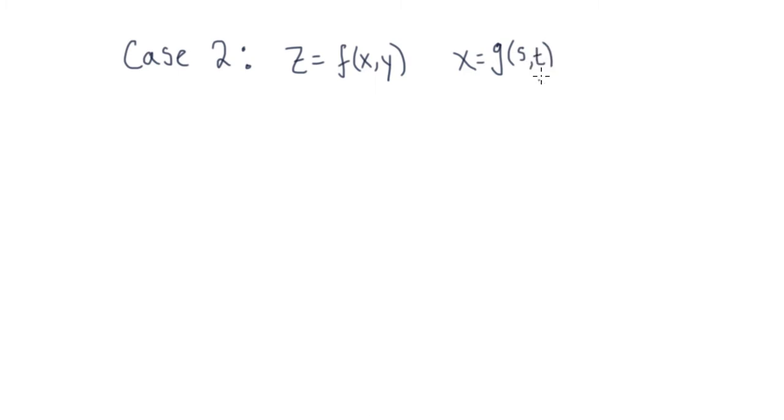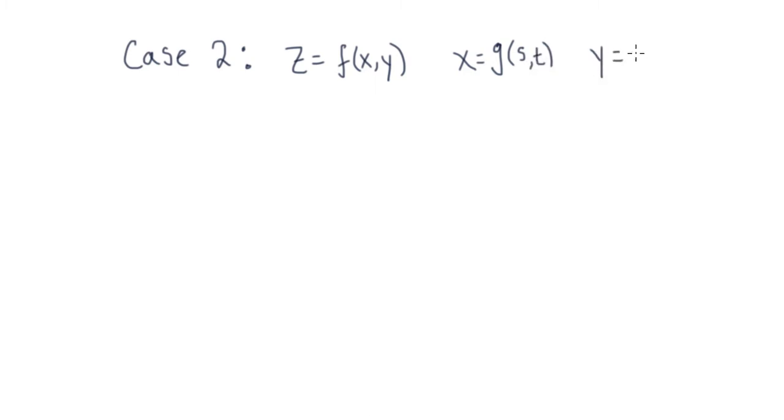So I told you about case 1, where the intermediate variables just depended on one independent variable. But now let's talk about case 2. Case 2 gets more interesting. So let's say again z is a function of the two intermediate variables x and y. I'm saying intermediate because x and y are not going to be independent. x and y are going to actually themselves depend on two independent variables, like this.